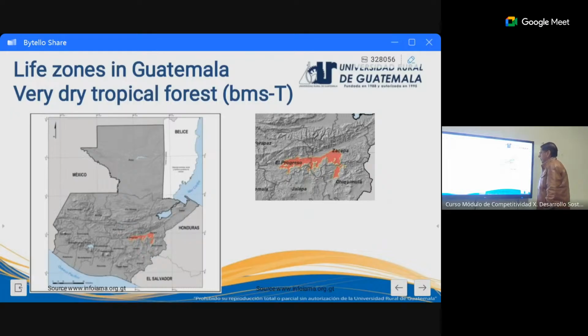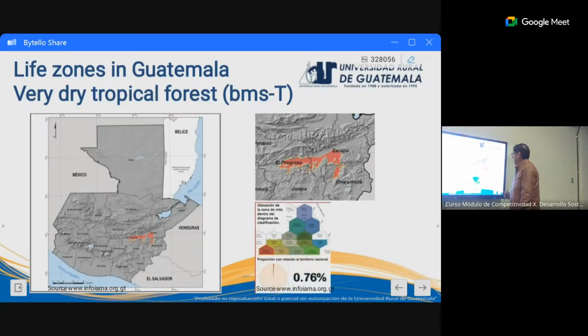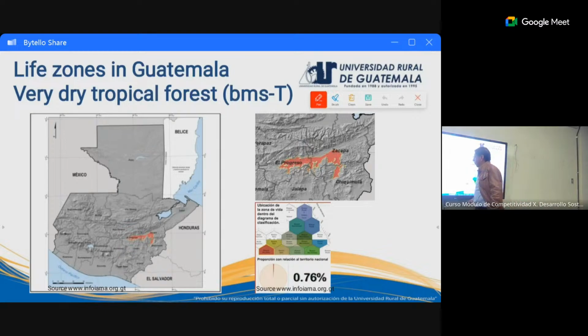Here we can see the map, the small area that this very dry tropical forest occupies through our country. And also we have the knowledge module. Let's analyze some characteristics of this very dry tropical forest here.